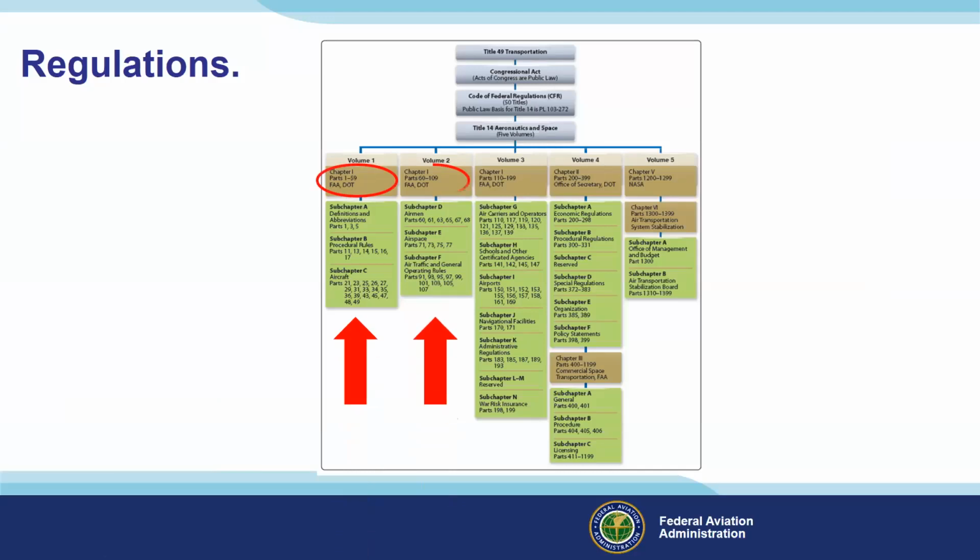All right, this section is about regulations. Here's a chart of the aviation safety regulations, Title 49, transportation at the top. The primary regulations that affect you as a certificated mechanic or repairman are in volume 1 and 2, and these include part 43 and 91.